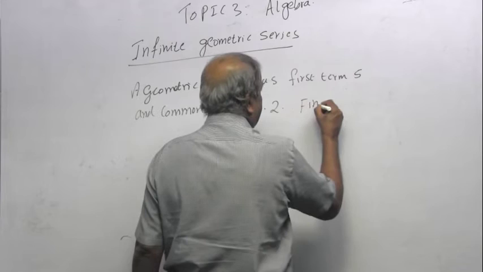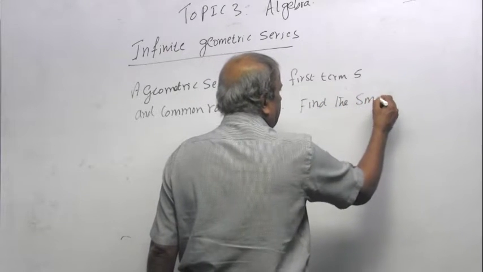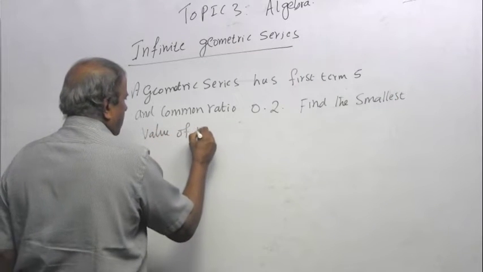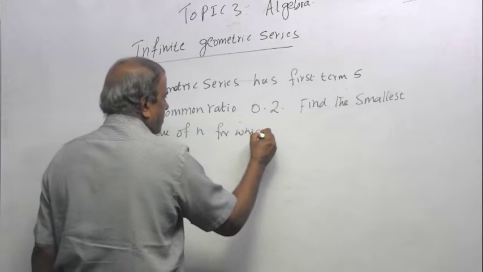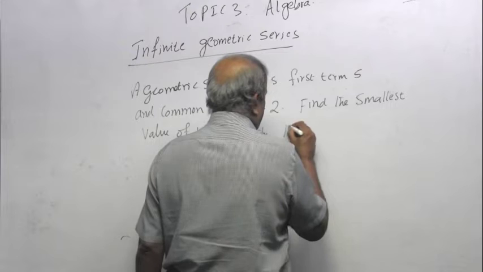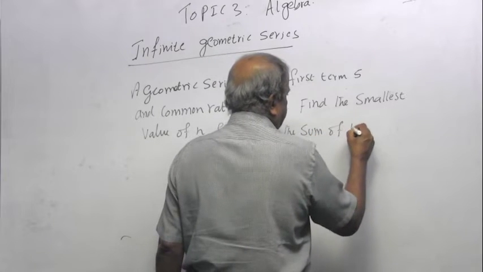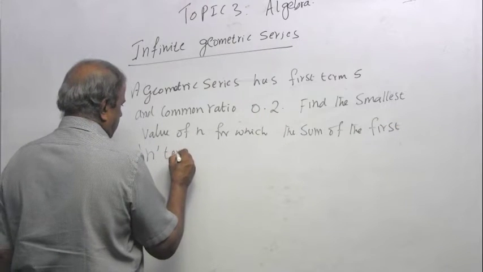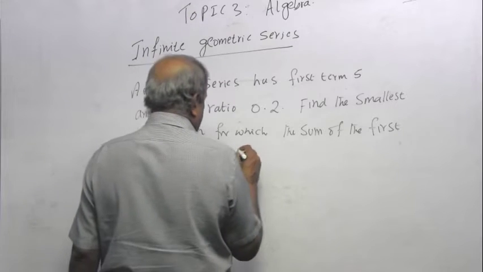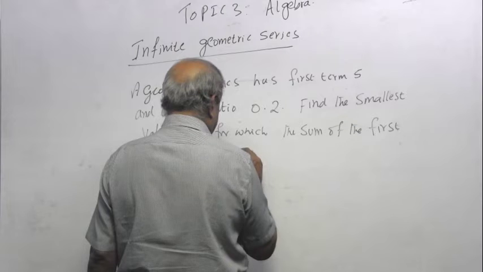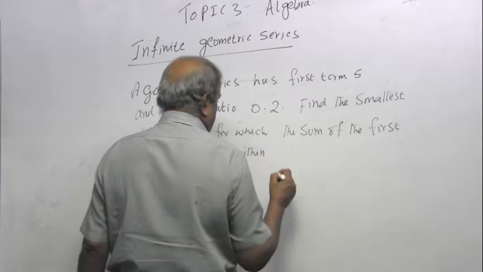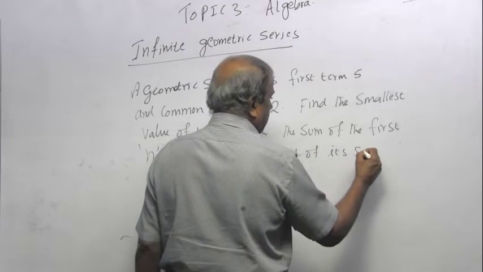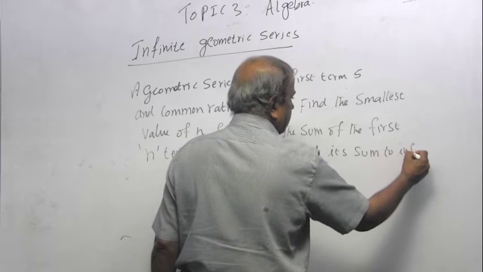Find the smallest value of n for which the sum of the first n terms is within 1% of its sum to infinity.